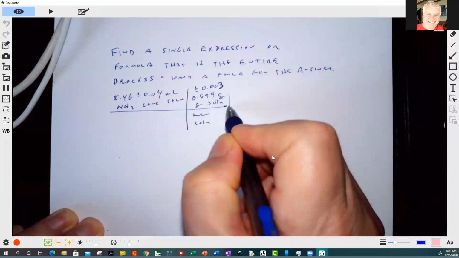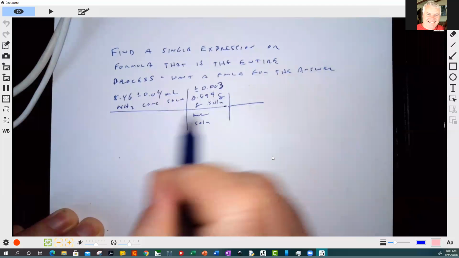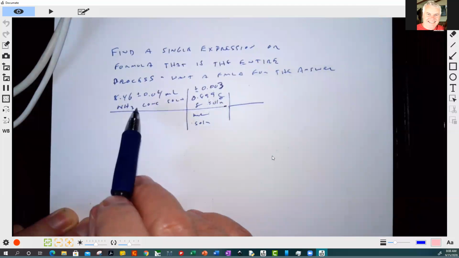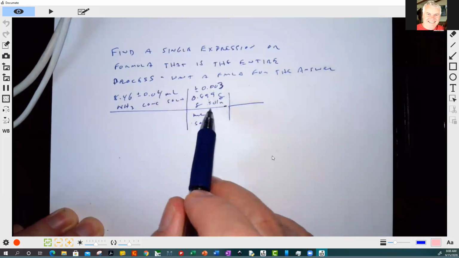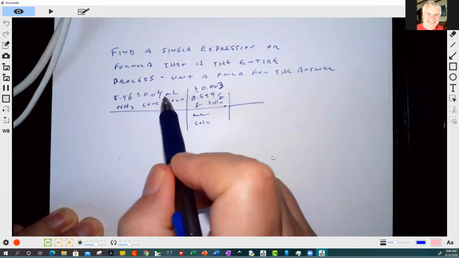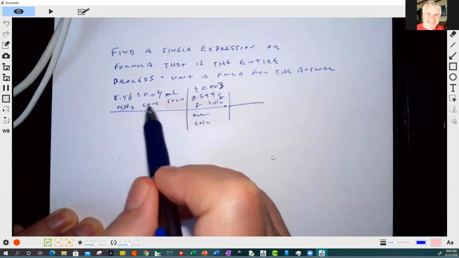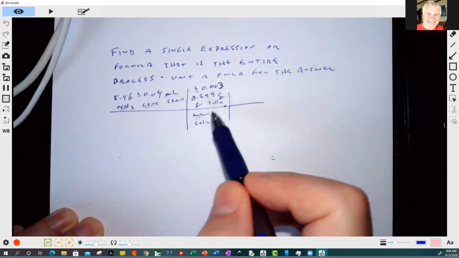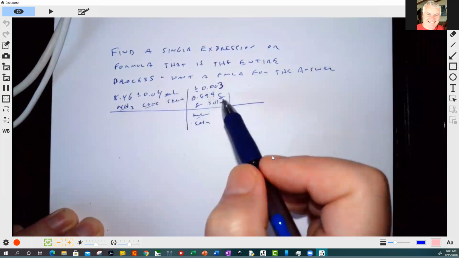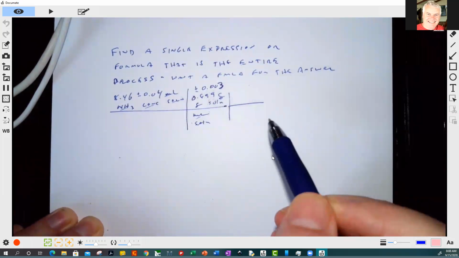Then this goes from milliliters of solution to grams of solution. Milliliters of ammonia concentrated solution, milliliters of that solution, grams of that solution. And once we're at grams, we use the percent weight to extract the grams of ammonia.